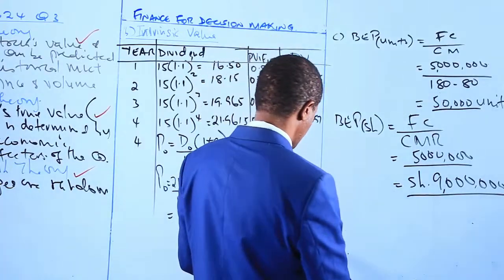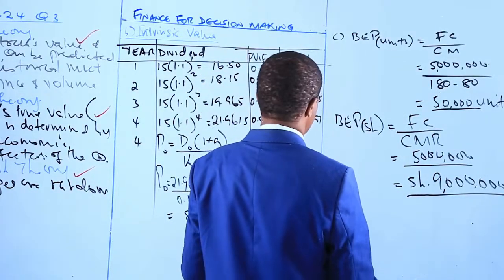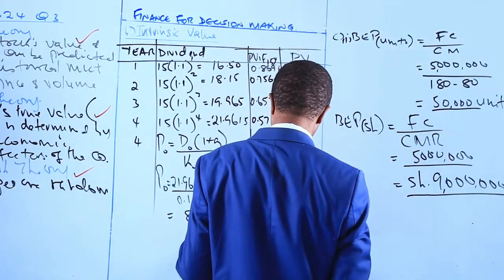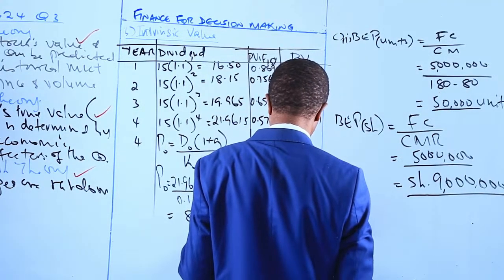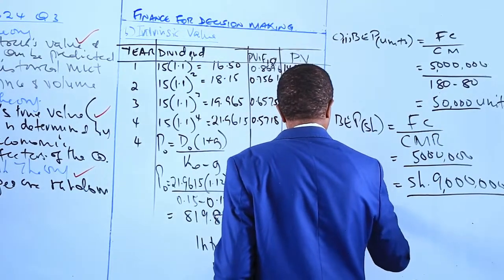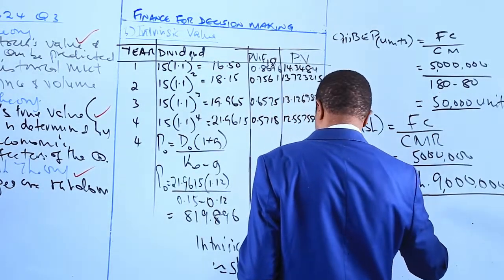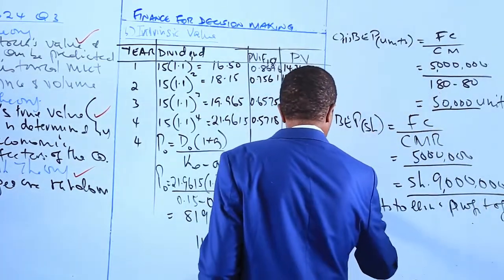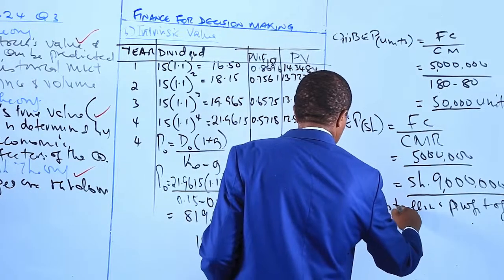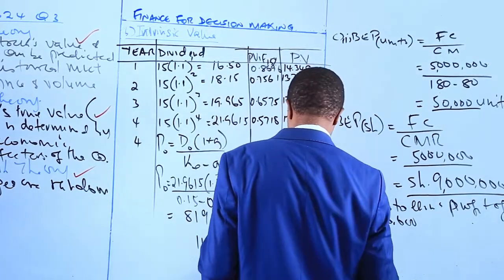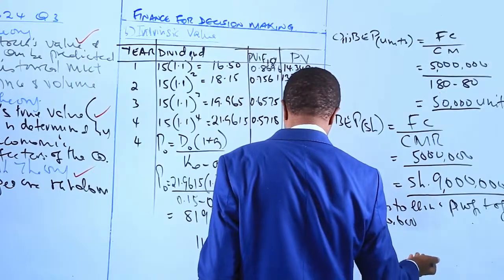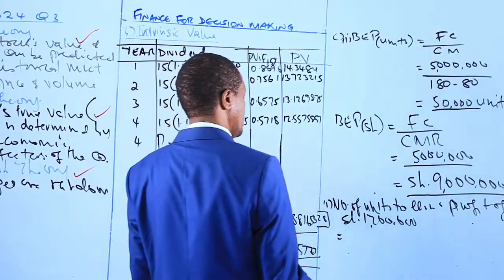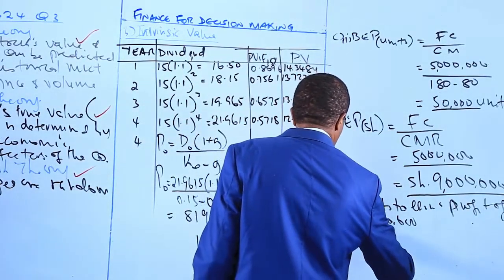Then the second part of the question reads, look at the question. This is Roman 2: we are to calculate the number of units to be produced to earn a profit of 1.2 million. Now the formula to determine the number of units to earn a profit of 1.2 million, you remember the formula we gave in our class?